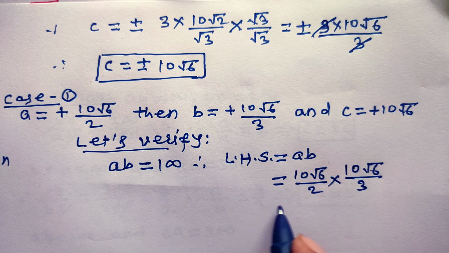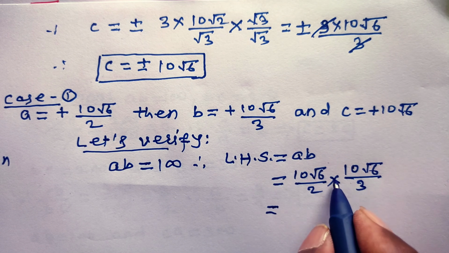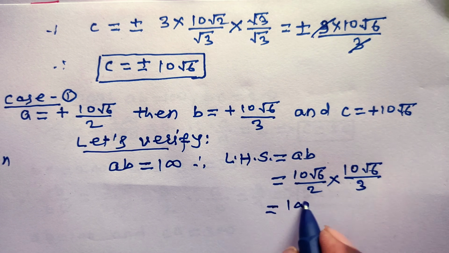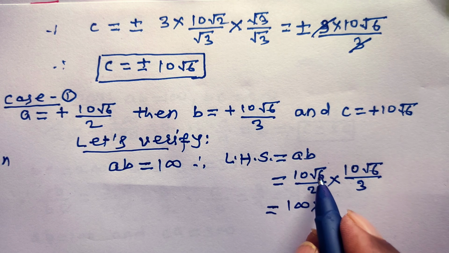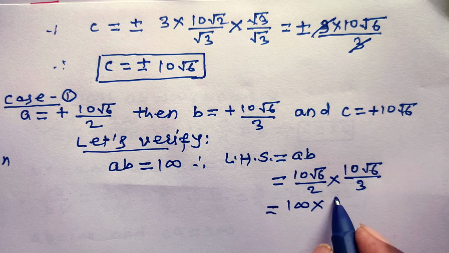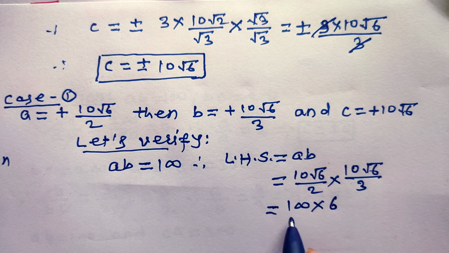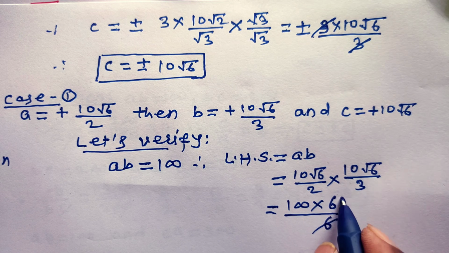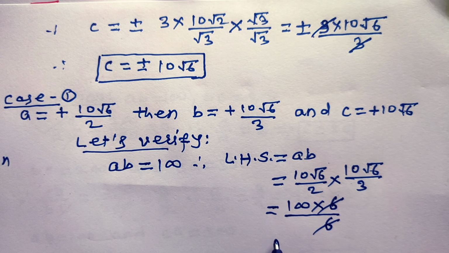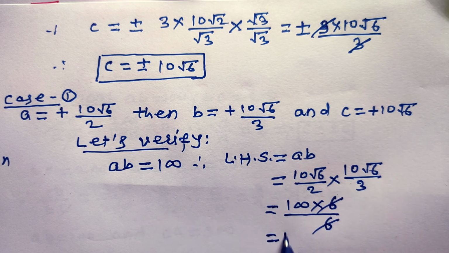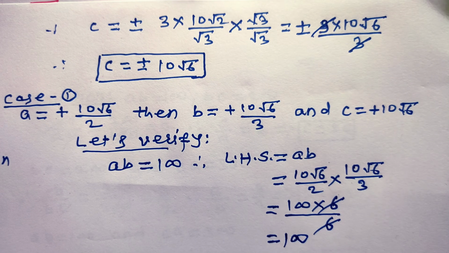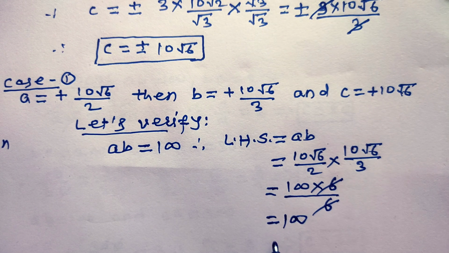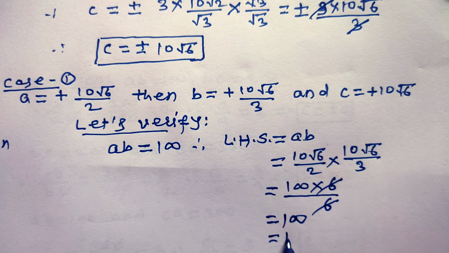If we take multiplication, 10 into 10, 100 into square root of 6 into square root of 6 is 6 divided by 2 into 3 is 6. Here this 6 gets cancelled with this and AB is equal to remaining part is 100. This implies LHS is equal to RHS.